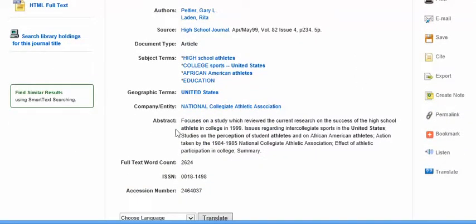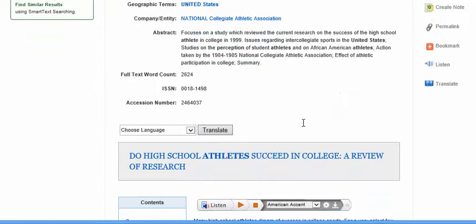It tells me here we're looking at studies on the perception of student athletes. Amen, that's exactly what I'm looking for. What's the perception of student athletes? And how did they rate students in that study? What questions did they ask about student athletes where they could measure perception?